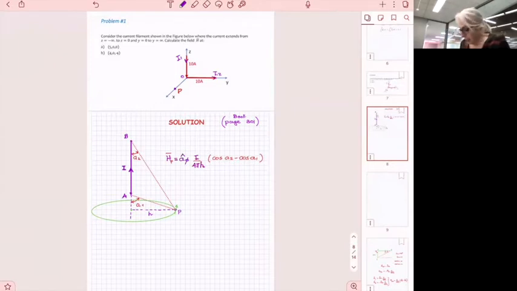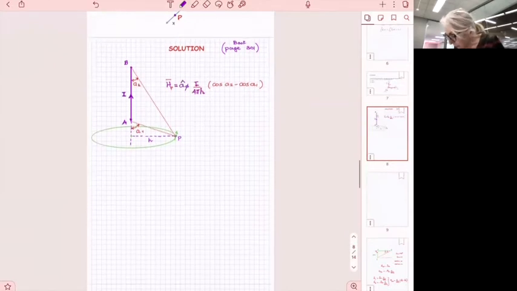So let's take I1. I1 for us goes from infinity, comes down to 0, or to O, if you like. So it stops at this point and has this direction.